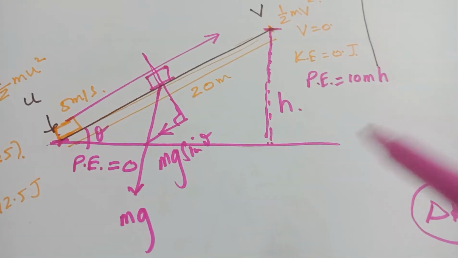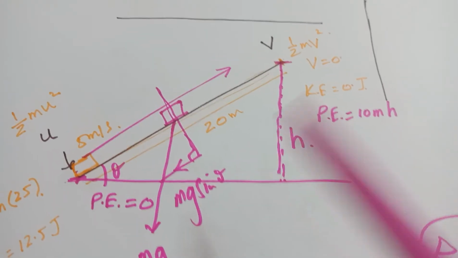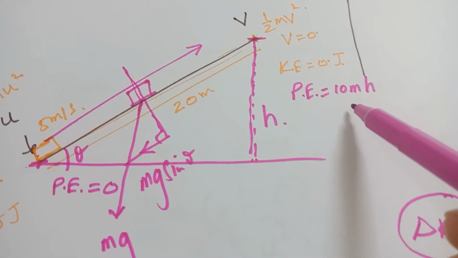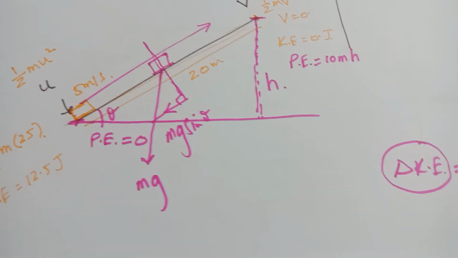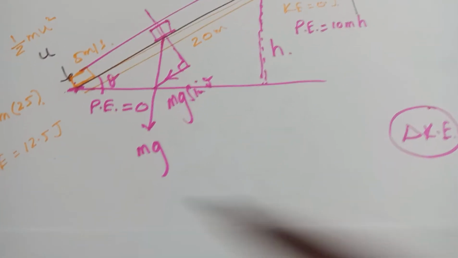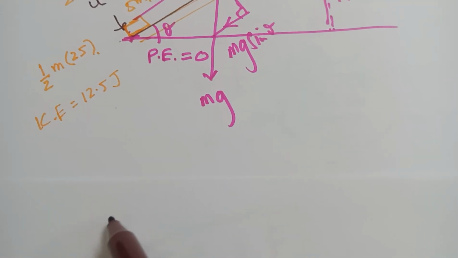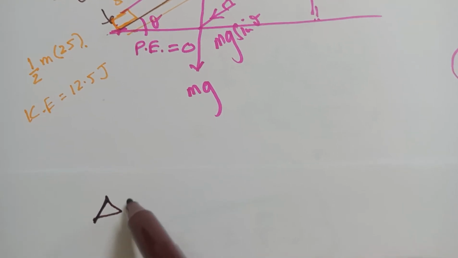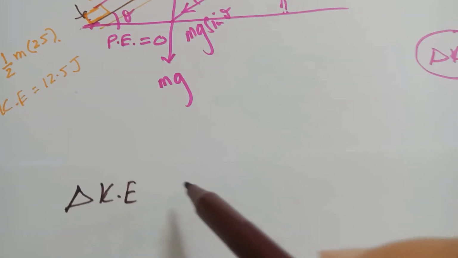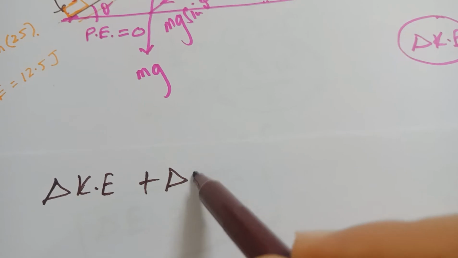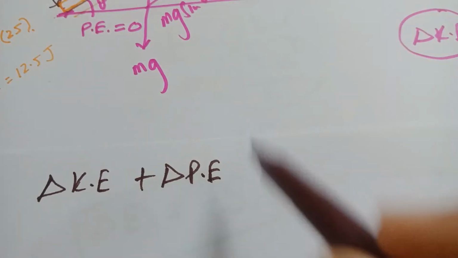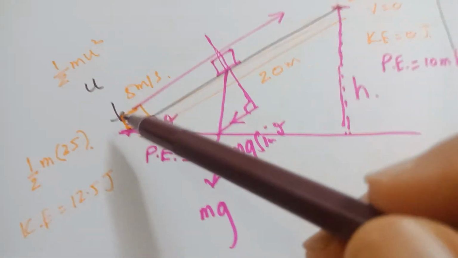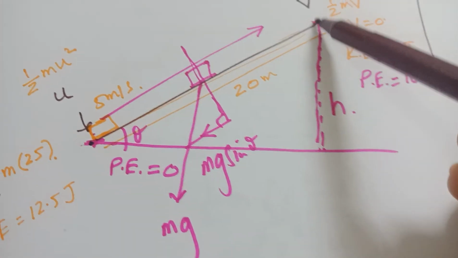Okay, so now I'm coming back to my point. Since we are going to talk about the potential energy, right now we shall talk about two different energies. I'll be talking about the change in kinetic energy, then the change in potential energy. That will be the total change in the energies when this particle moves from this point to this point.